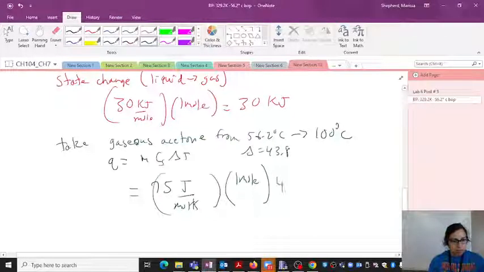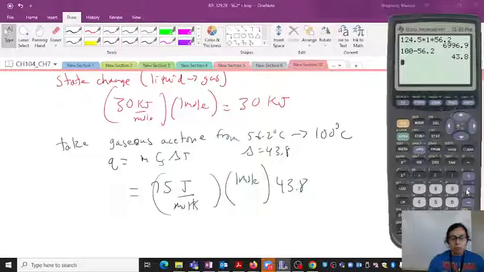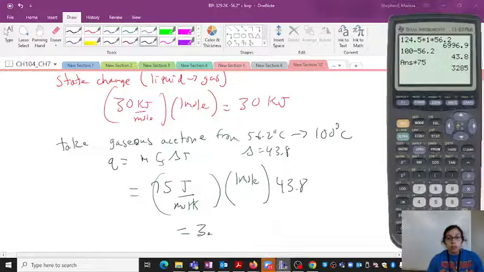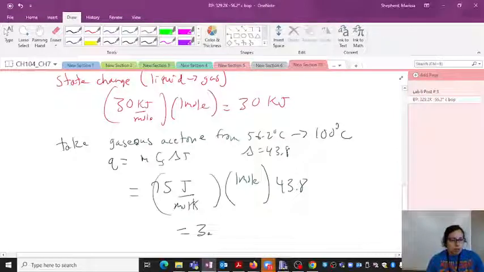So now just plug that in. So 43.8 times 75 then times 1 mole. So that gives us, and let's put that in kilojoules, 3.29 kilojoules or so.